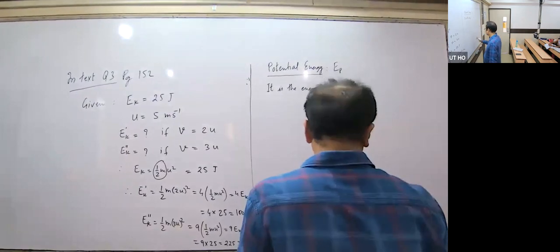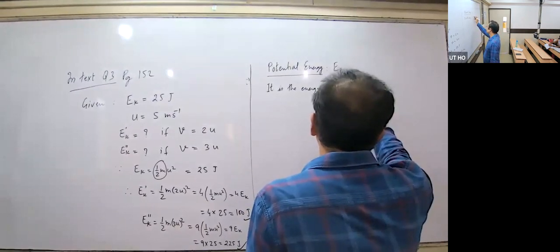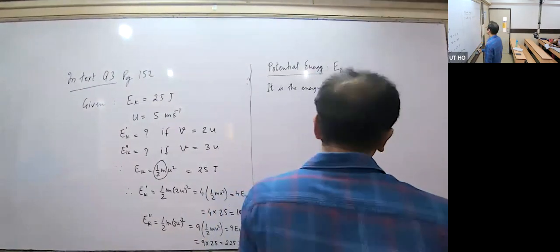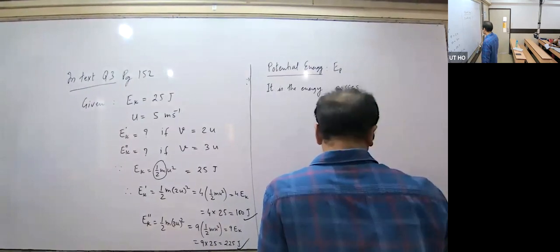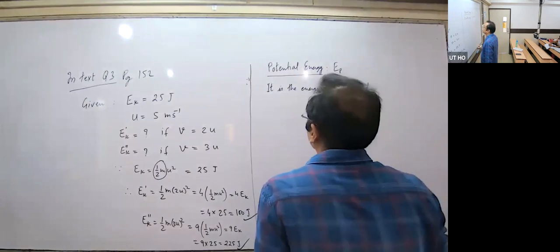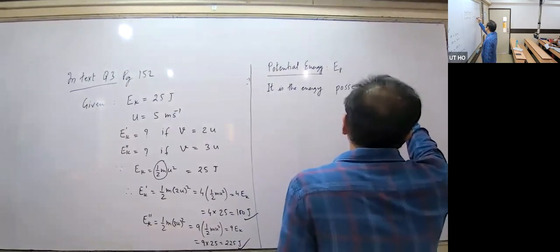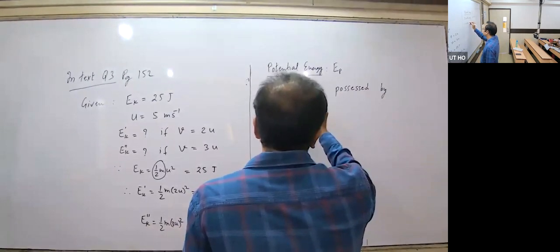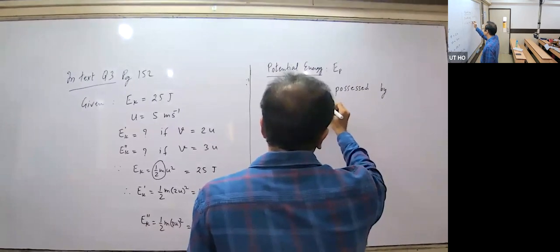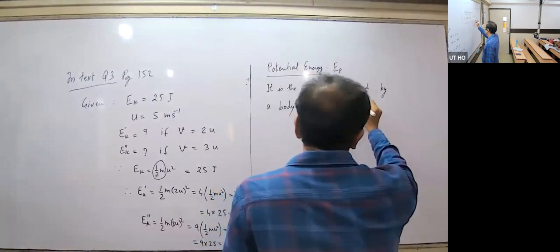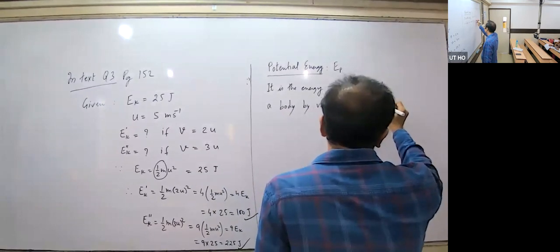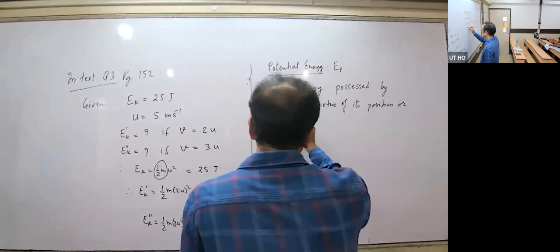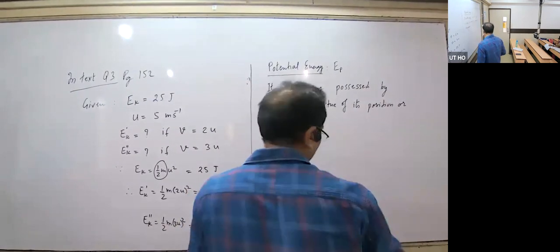Possessed, P-O-S-S, double S, again double S. It is the energy possessed by a body by virtue of its position or configuration. Okay, I'll explain what it means.